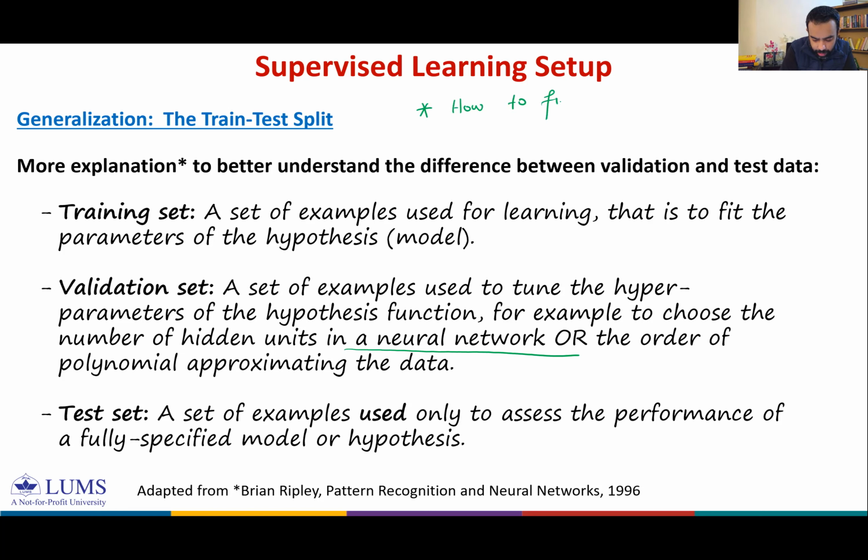How to find order of polynomial and how to find parameters of the best polynomial. Right? The second question है, this is learning, right? Once you pick आपने set कर लिया कि x square है, then you can use data to learn the parameters. Okay? But how to find the order of polynomial, right?